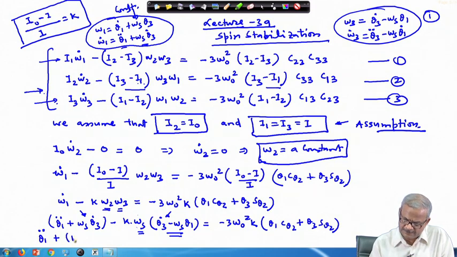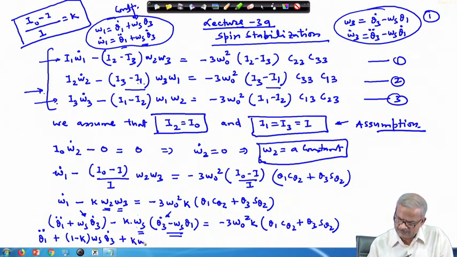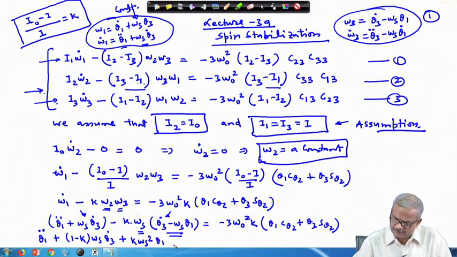So, we can write this as 1 minus k omega s common to this, so omega s times theta 3 dot, and then plus k times omega s square theta 1, this equal to minus 3 omega 0 square k times theta 1 times c theta 2 plus theta 3 times s theta 2.